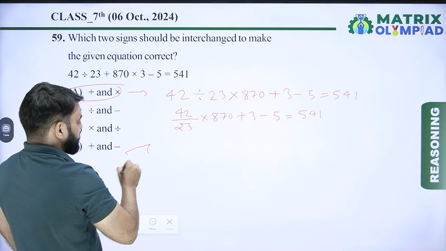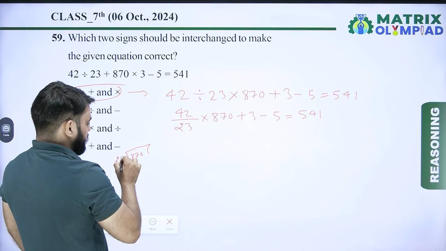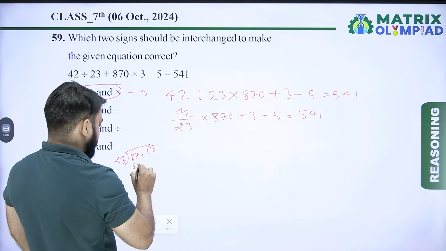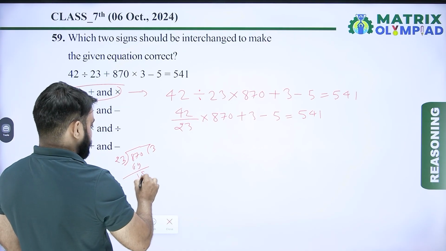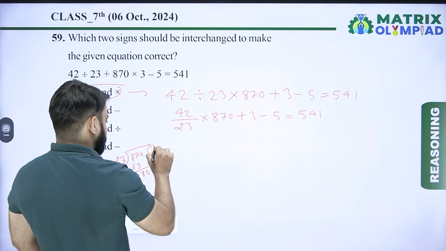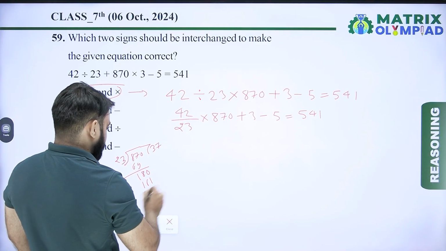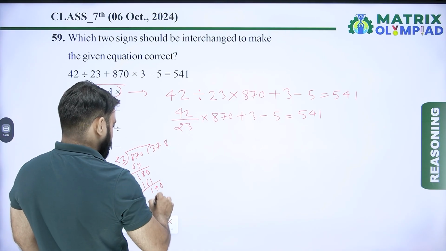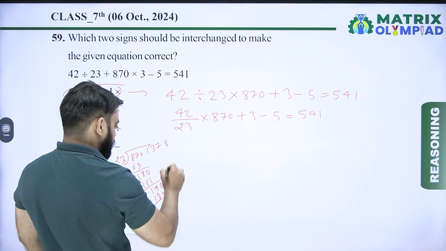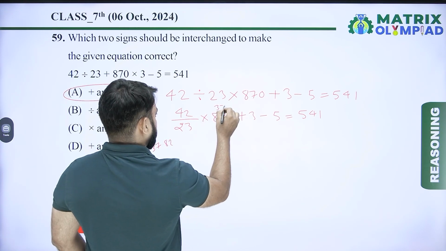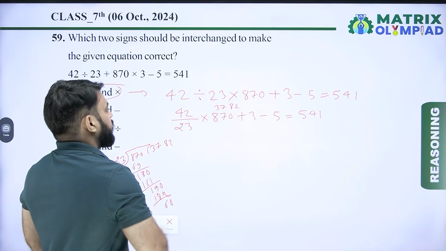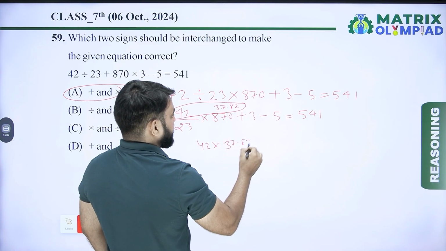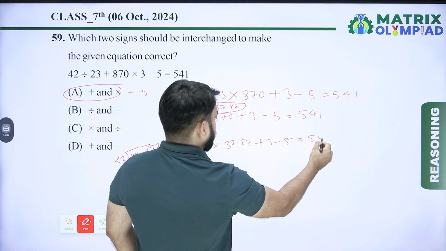So 870 divided by 23, it means 37.82. So now multiply the 42 multiply by the 37.82 plus 3 minus 5 is equals to 541.